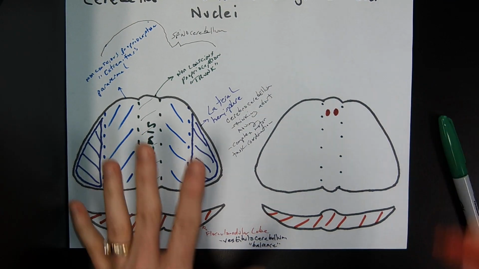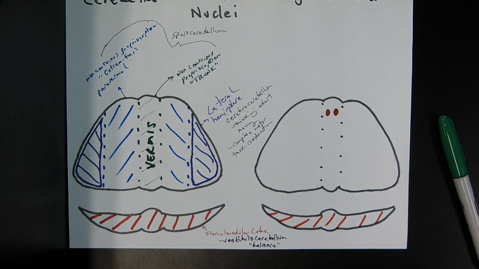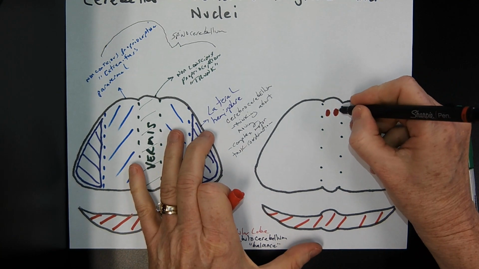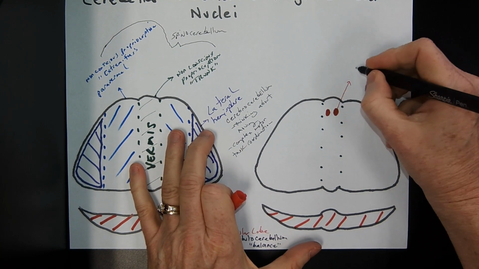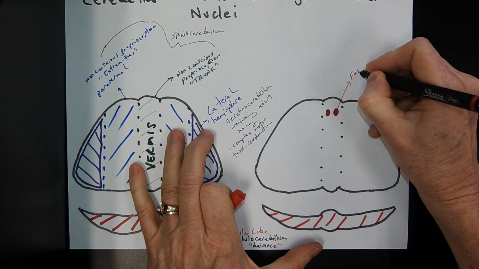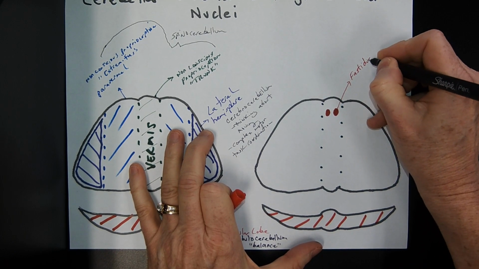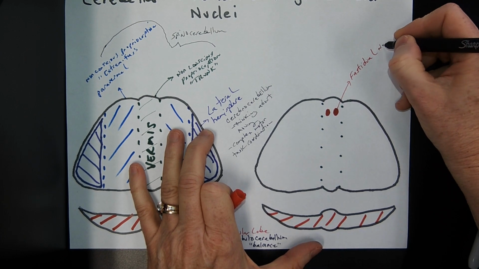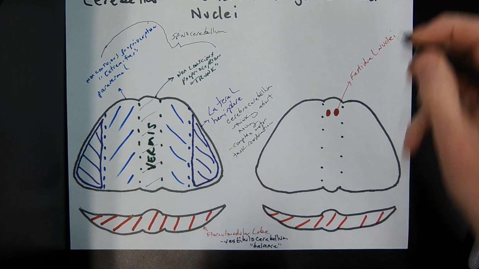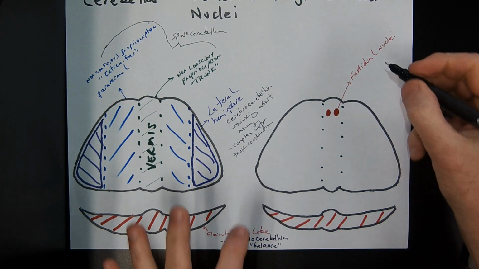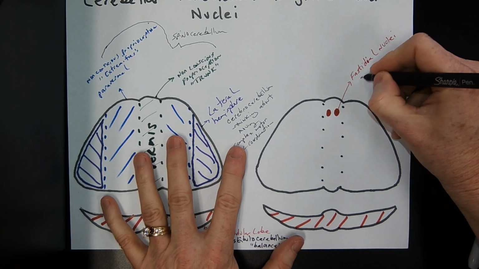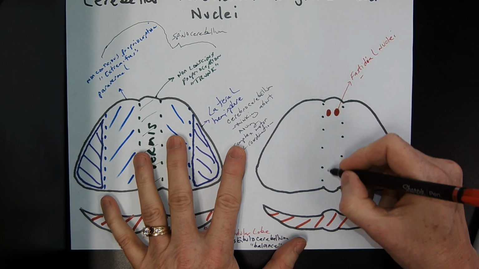Both the vermis and the floccular nodular lobe are associated with this pair of nuclei, and they're called fastigial, F-A-S-T-I-G-I-A-L, fastigial nuclei. So it should be an I. Fastigial nuclei.